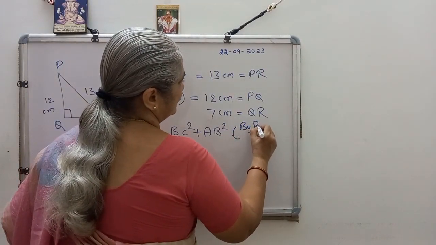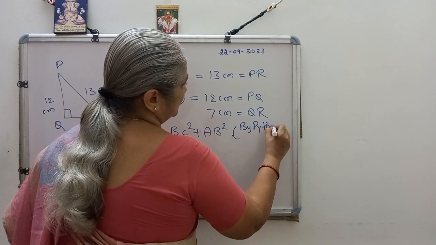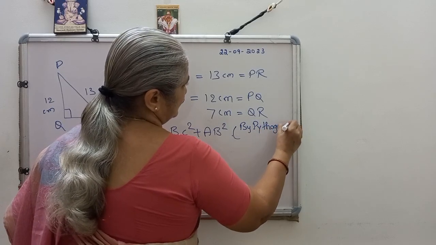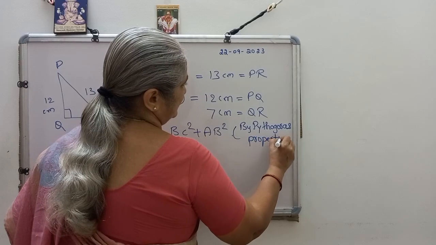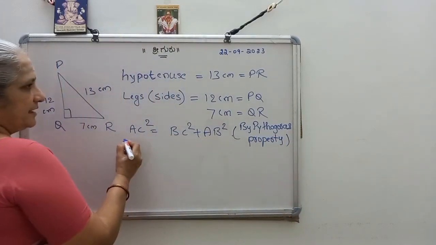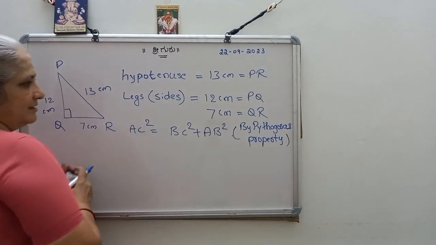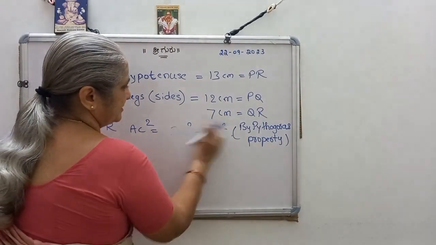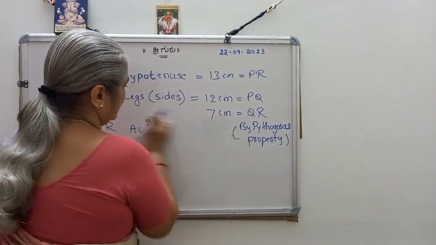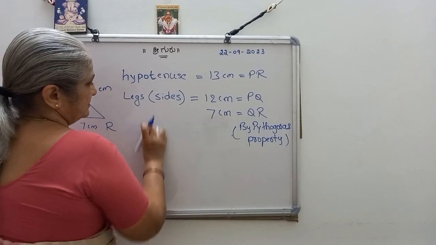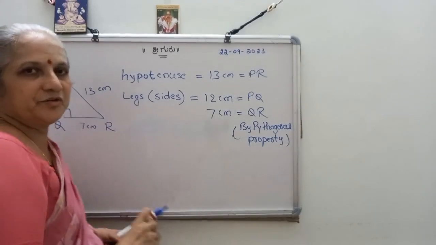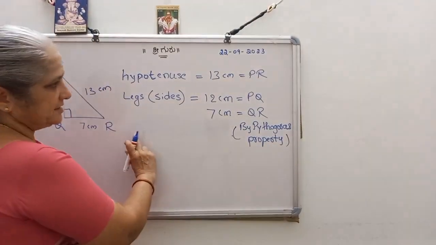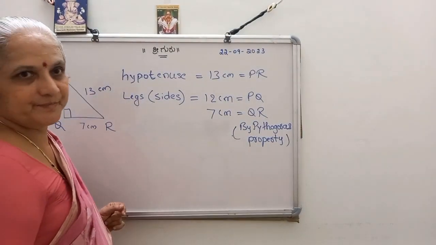By Pythagoras property, we can write AC square. Here also we have to change. Did you write? What is the property here?